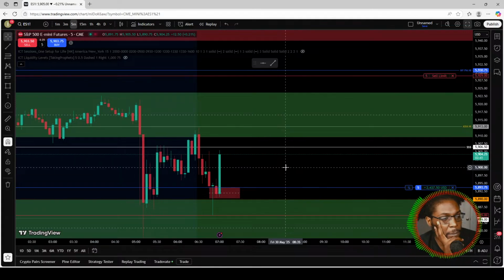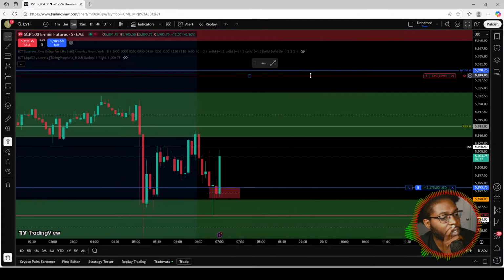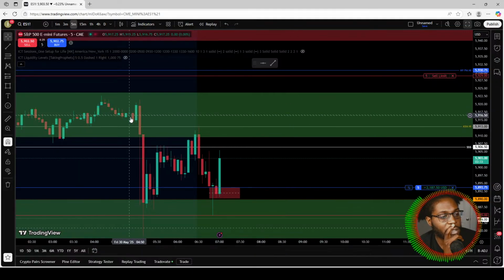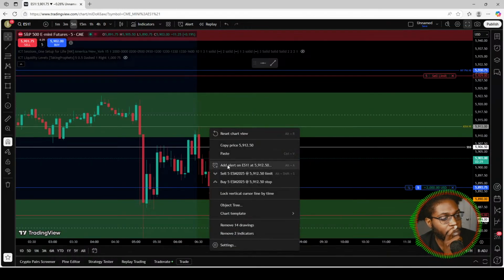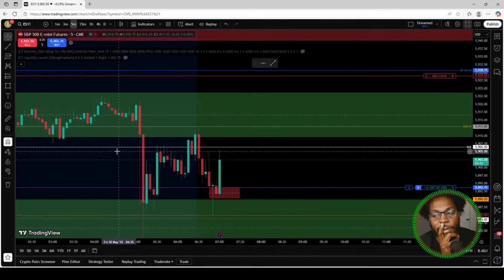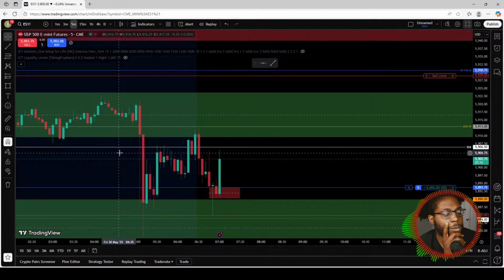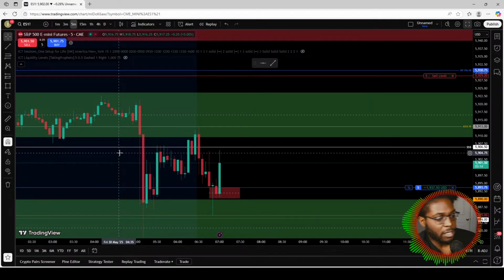I want to see it just go here, but I need to start taking partials. I need to get better at taking partials out. Like right here would be a good point to, let's say, how do I change how much I want to do right there? We'll stick with it and we'll just manually close it out if anything.